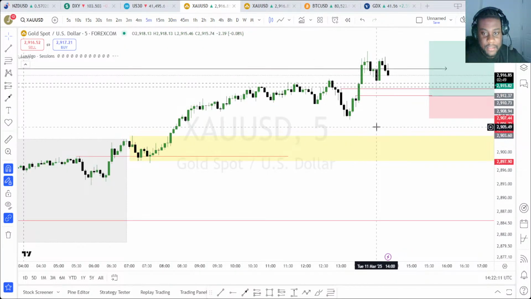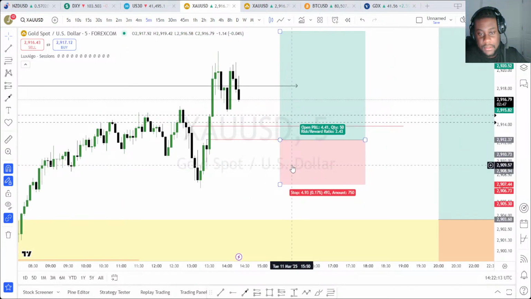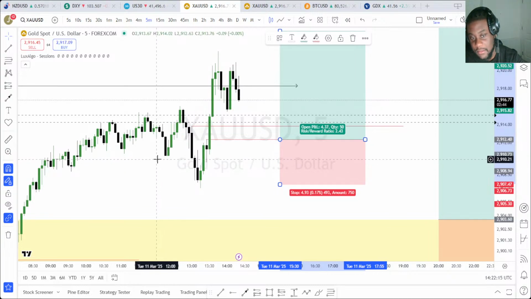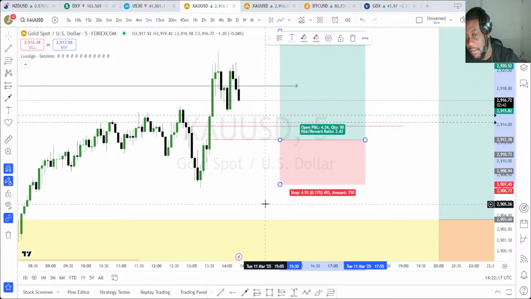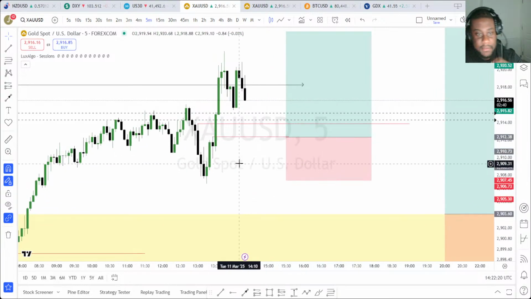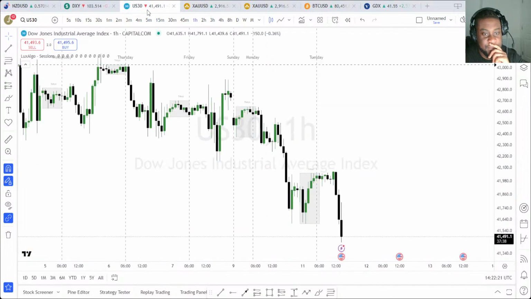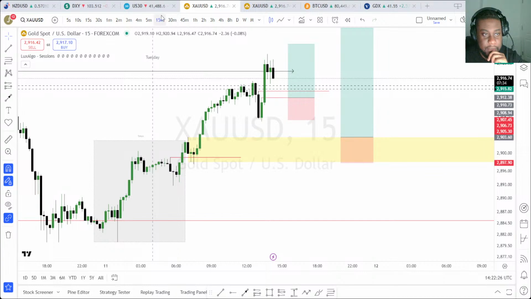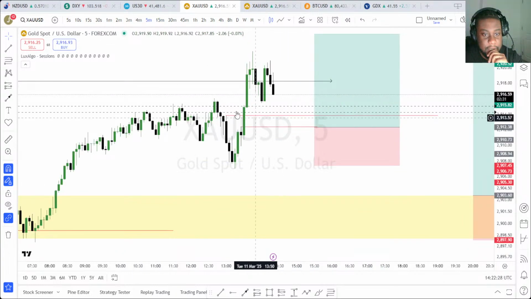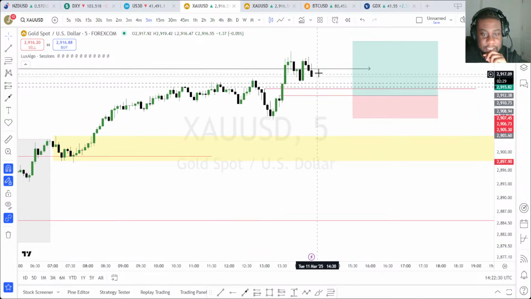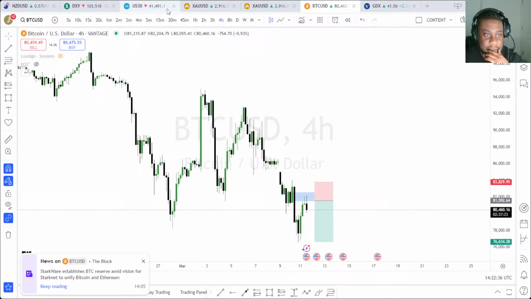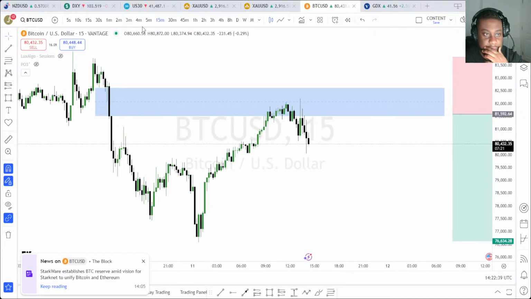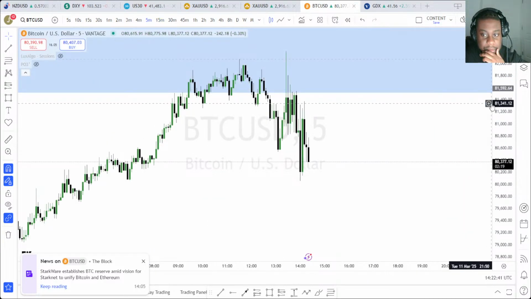But if we give it some time, we should be able to catch something. Maybe it might not be today. Maybe it'll be tomorrow. The only thing is, I don't really want to enter any moves prior to NYSE. So I'd rather us get into NYSE and then see gold maybe move to the downside and then look for an entry off of that first. Looks like Bitcoin is also dropping lower as well.